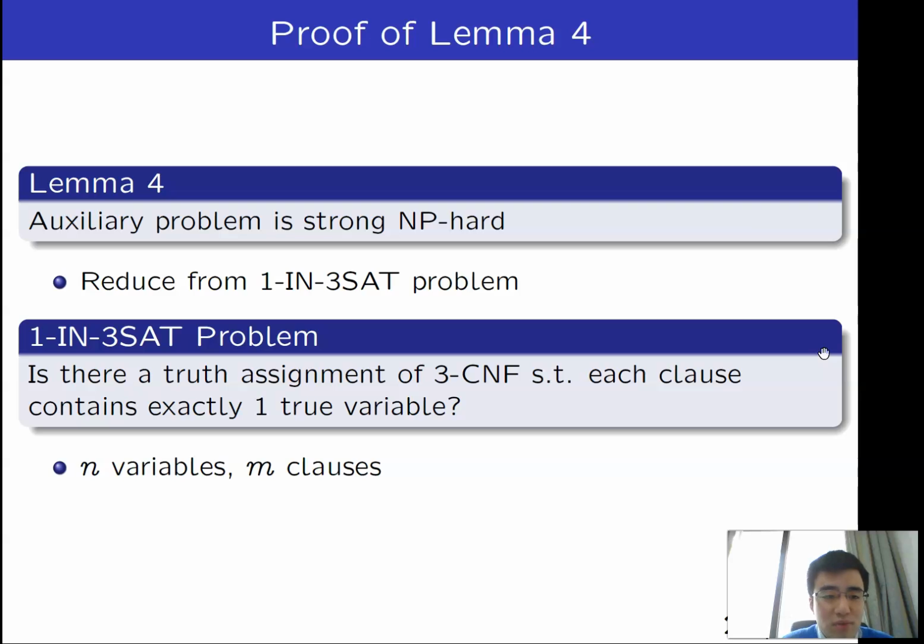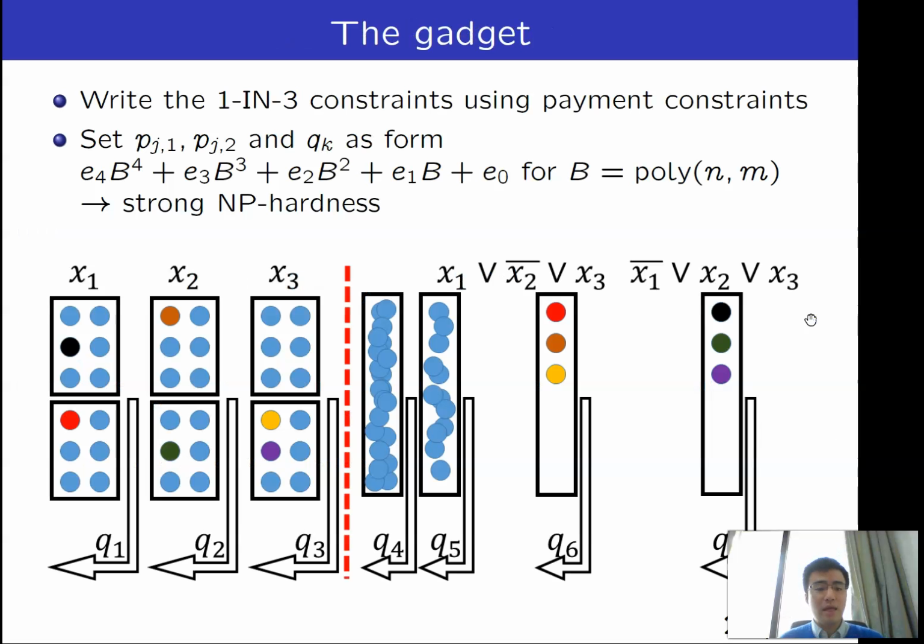Finally, we prove that auxiliary problem is strongly NP-hard. We prove by reducing it from 1-in-3 problem. One in 3 problem is a variant of 3-SAT problem, but each clause should contain exactly 1 true variable. The constructed gadget is complicated, so we don't explain it here in detail.